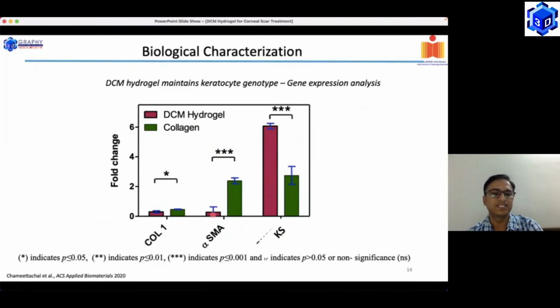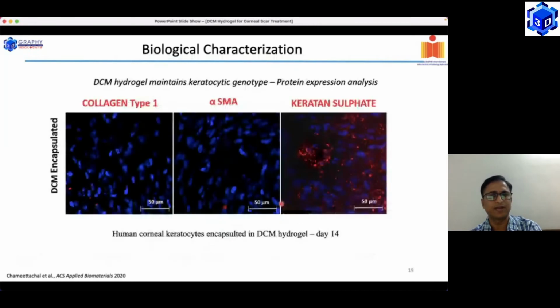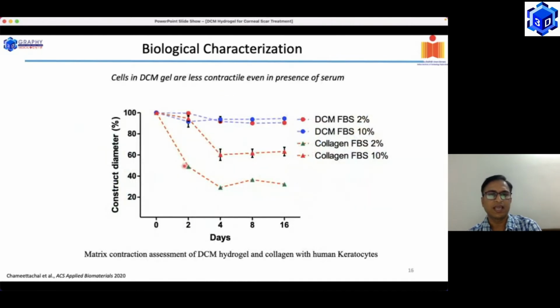That is also an indication: if cells are going towards myofibroblasts, they will produce more collagen 1 and alpha-SMA and less keratan sulfate. Our immunohistochemistry study also supports the same thing. When the cells are encapsulated within this dissolved cornea matrix gel, they produce more keratan sulfate and less collagen and alpha-SMA. You can also see the same thing from the construct diameter: if the cells are going towards myofibroblasts, they will contract the matrix, and the construct size will be reduced.